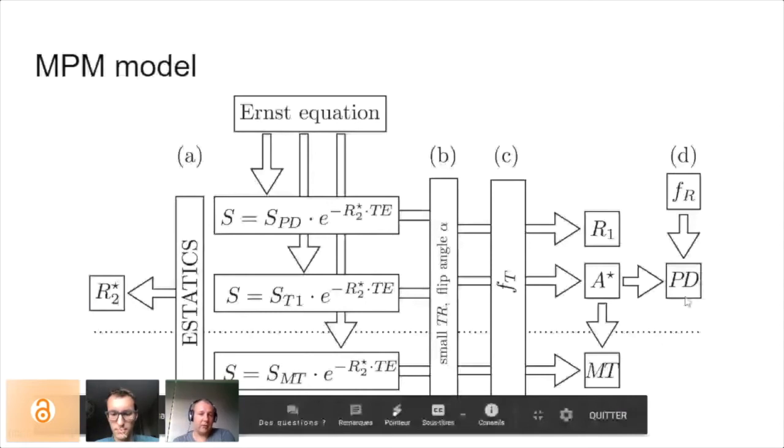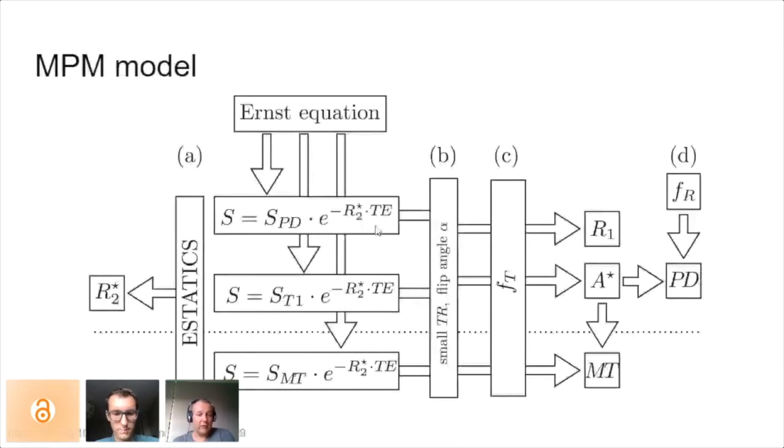And to do that, you need to have data acquired at different echoes, and you want to be correcting for the different biases that could be introduced in your images, i.e. the B0, the B1 plus and B1 minus, so the emission and reception of each antenna.